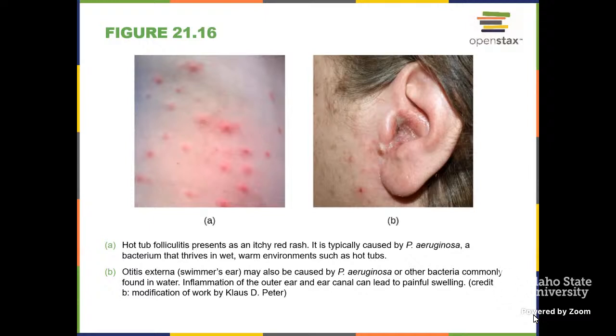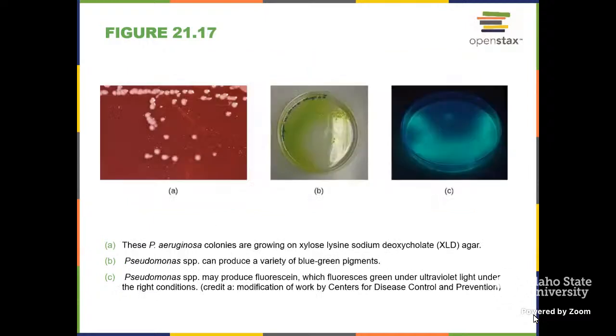Otitis externa, another one that Pseudomonas aeruginosa is a player with, where it gets in and can colonize, causing inflammation of the outer ear and ear canal, but on the outside of the eardrum or tympanic membrane. We will think about otitis media, an inner or middle ear infection, with other players. Typically, those guys, we think about organisms that might make our throats home, and they cause other issues.